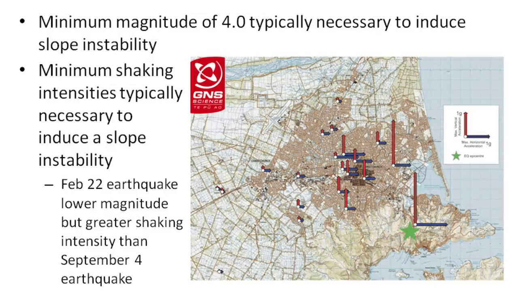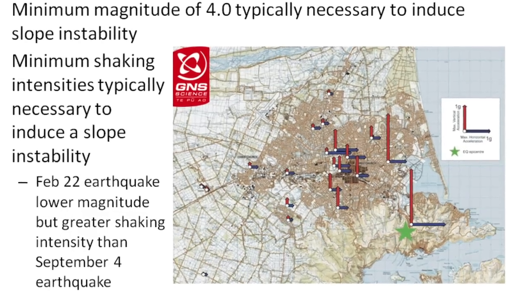On top of simple magnitude, there's the shaking intensity, and that shaking intensity is related to the distance from the earthquake and the material in which the earthquake is happening, as well as the nature of the movement of the earthquake, of the rupture. And the shaking intensities that we observed in February's earthquake, compared, for example, with the earthquake in September, were about 10 times as strong in certain locations.